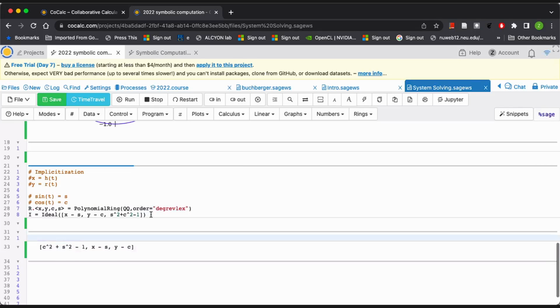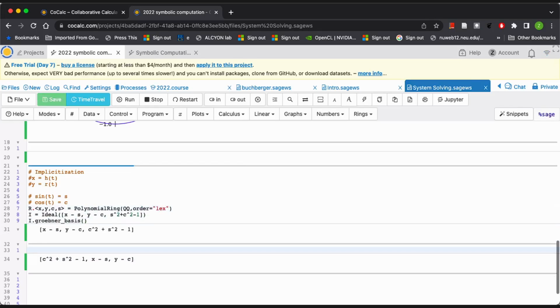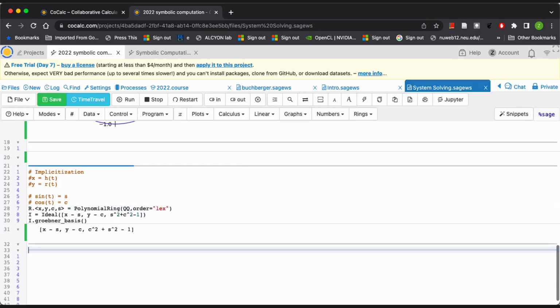So we don't need this here. I would say lex, just to make sure it's lexicographic. So what we need is to get rid of c and s, right? We want something that is only in x and y.